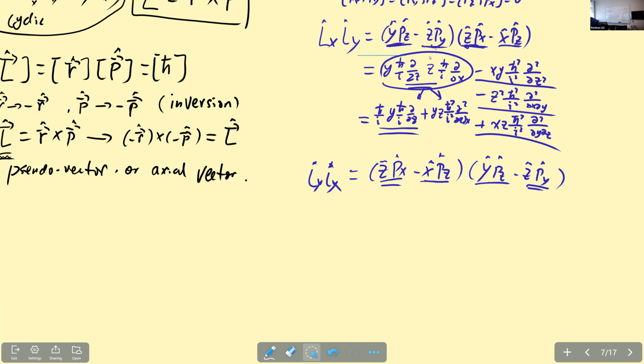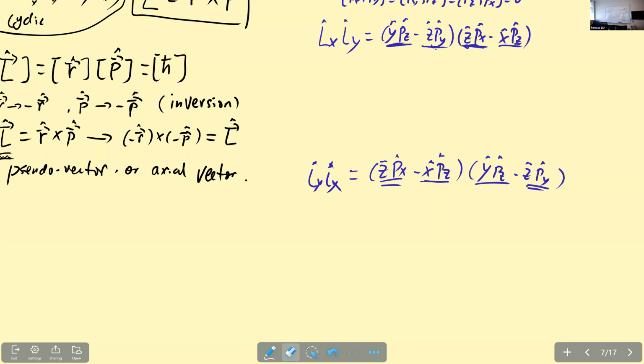Okay, let me do this way. Write down this as Y Pz Z Px, and then you have plus Z Py X Pz, and you have minus Z Py and Z Px.